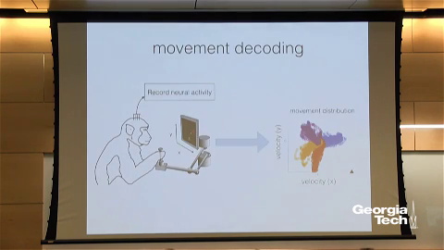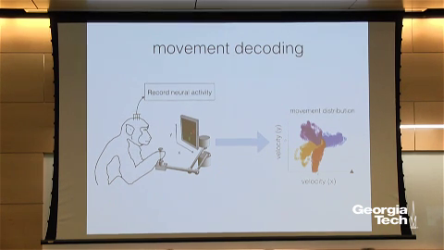The standard setup we'll consider is a movement decoding paradigm. We are recording from the motor cortex of a macaque. In this case, we're able to capture about 100 to even 200 neurons at a time. We're recording neural activity by measuring spikes, or the firing rates of individual neurons, while the monkey is carrying out a motor task.